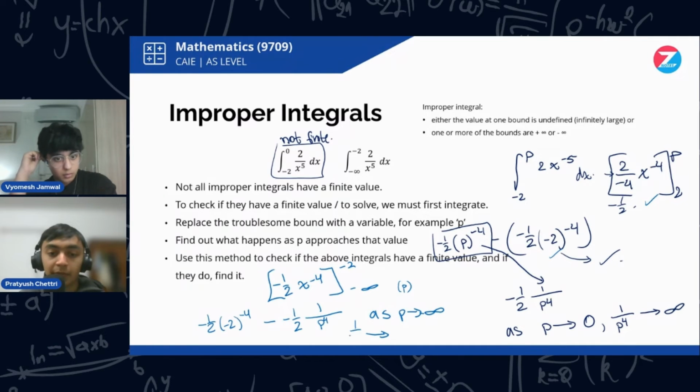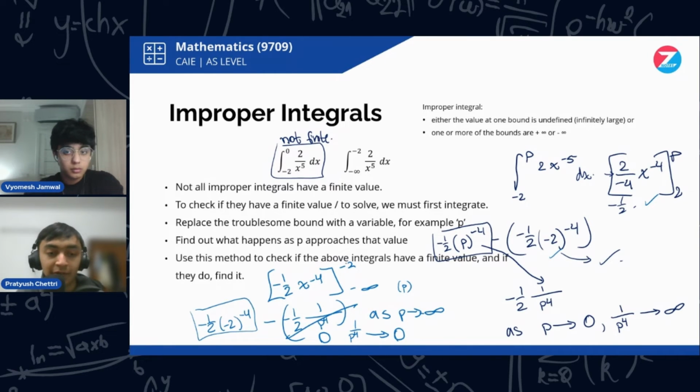So 1 by p power 4 actually tends towards 0. So eventually, this will just be 0. And our final integral, with this becoming 0, will just be, that's where our value comes from.